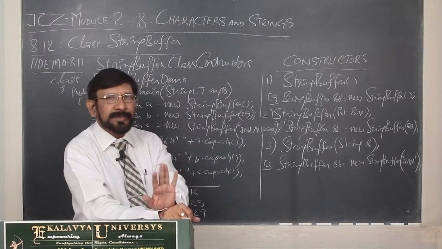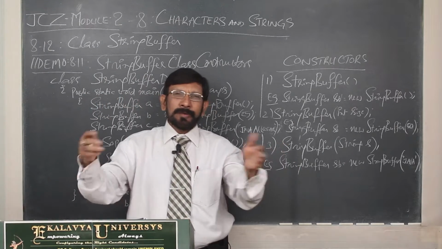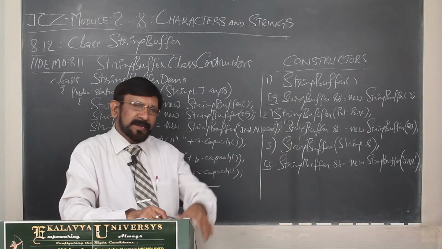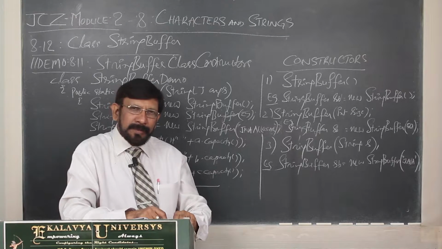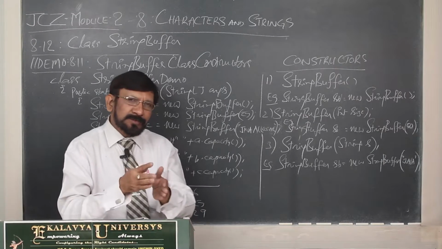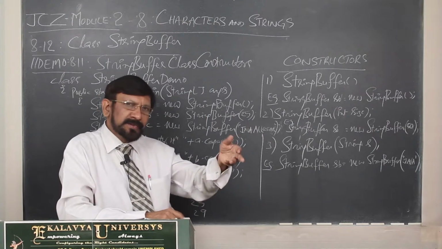That is the difference you have to identify. Suppose you have a bag whose capacity is 10 kgs, so you can fill 10 kgs of rice in the bag, but actually there are 5 kgs. So the actual size is 5, capacity is 10, that means another 5 kgs you can fill.